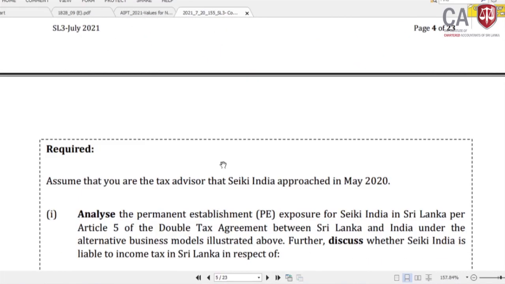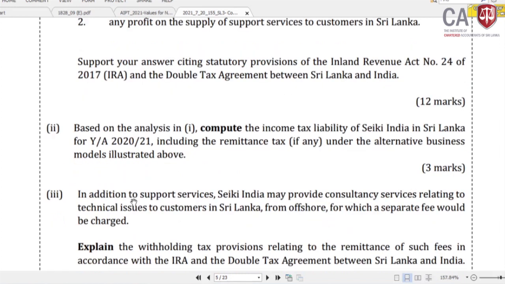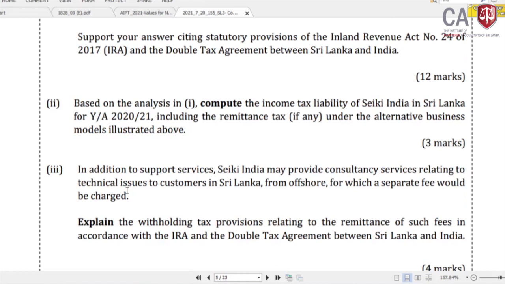Now we will come to the next one, the service model, the services provided by the non-resident person. What are the withholding tax provisions applicable under the third one?